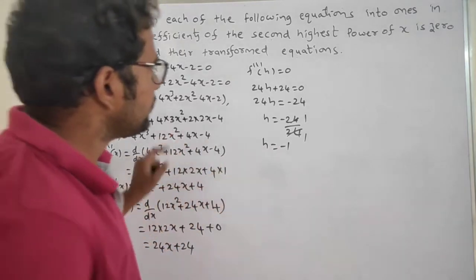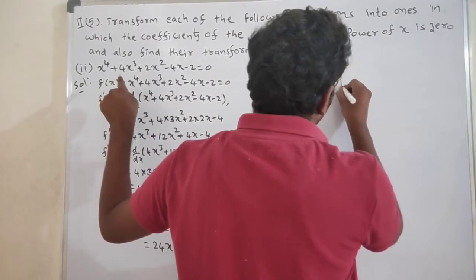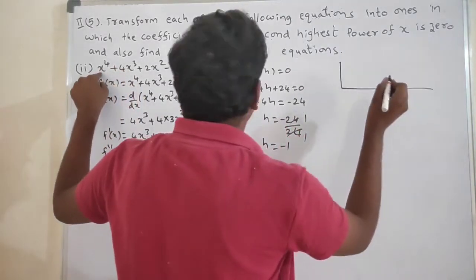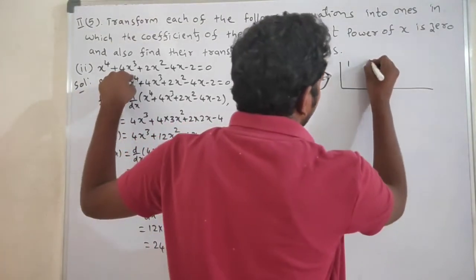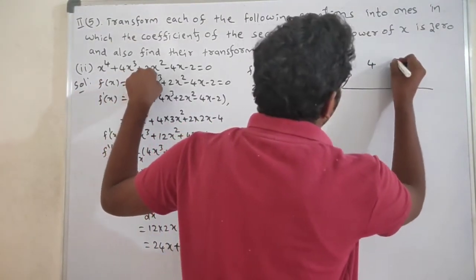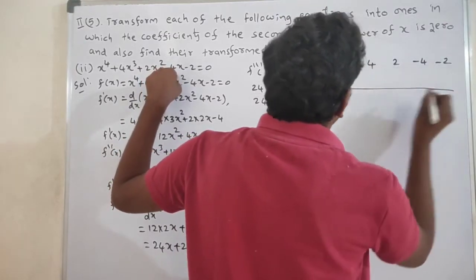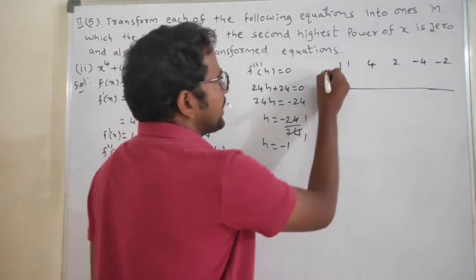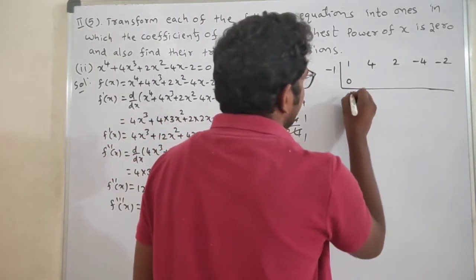Okay na? So what is given? Coefficient of x power 4 is 1. X power 3 coefficient 4. X square coefficient 2. X coefficient minus 4. Constant minus 2. So what we will take, h equals to minus 1. So 0, 1 plus 0, 1.